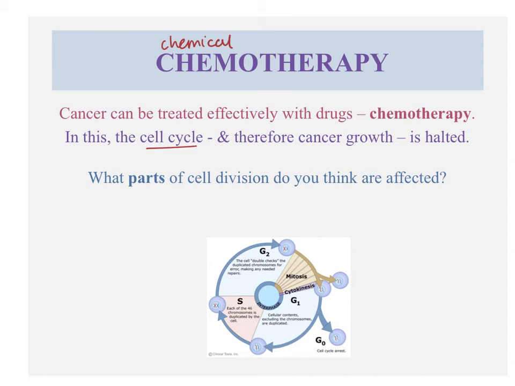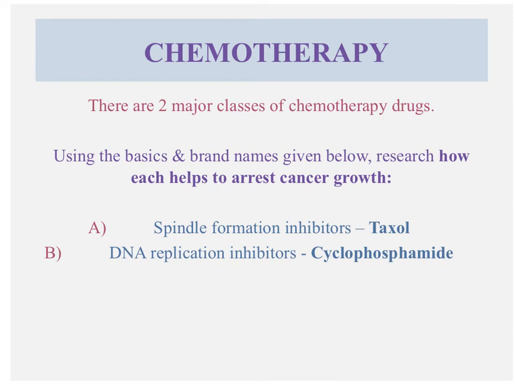Hopefully you had a think and you came up with some good ideas. Now, the major parts of the cell cycle that we're going to look at being affected are the following, and hopefully these line up with what we did last lesson using your previous knowledge and this lesson now. The chemotherapies are normally either spindle formation inhibitors or DNA replication inhibitors. Okay, so what I've got on this slide is the type of drug they are, and I've given you a brand name, so Taxol and cyclophosphamide.